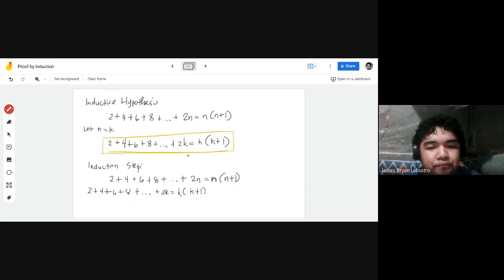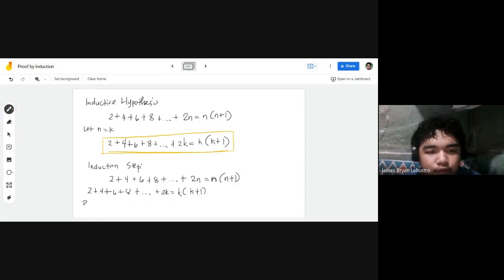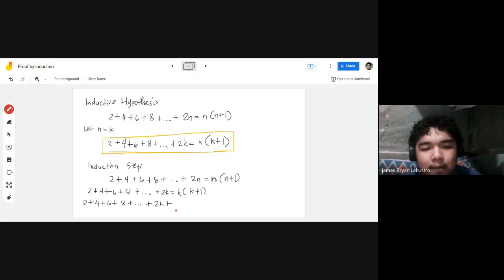We must first write the hypothesis with the added k plus 1. So 2 plus 4 plus 6 plus 8 plus and so on plus 2k. Then we add 2 times k plus 1. Why is it 2 times k plus 1?